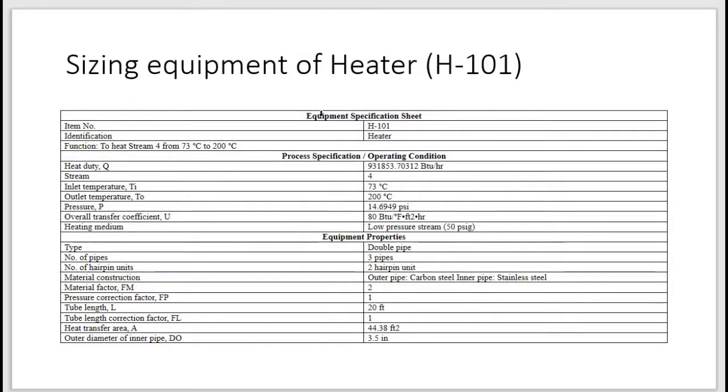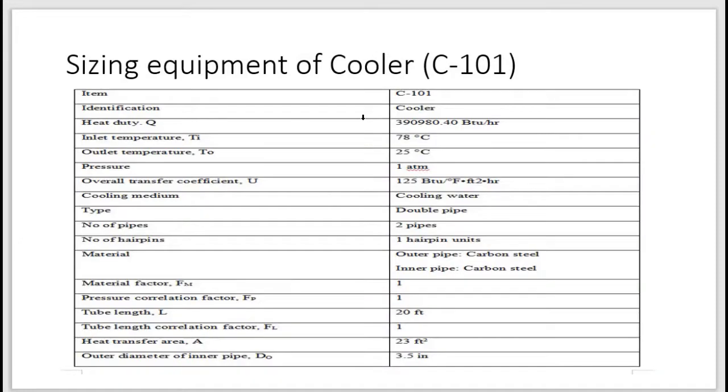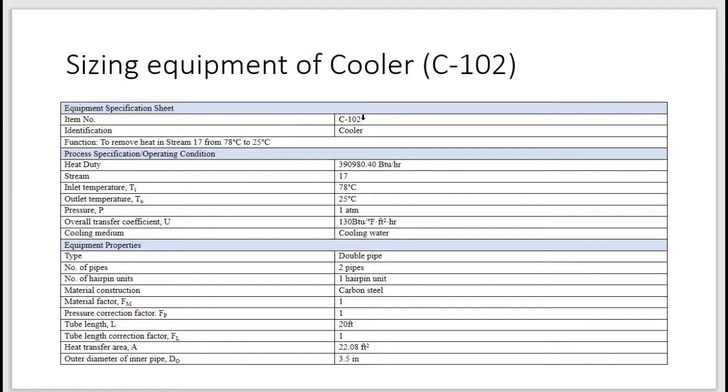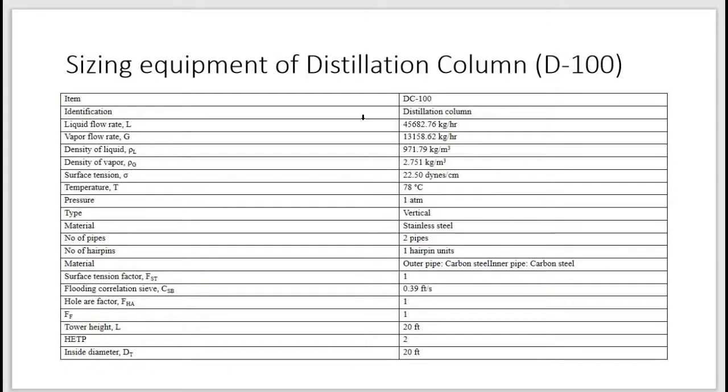This is the heater. Before this, we actually had two heaters, H100 and H101. But after we integrated the heat exchanger, we reduced one heater and added one heat exchanger. This one is the cooler, C101, and the other cooler.